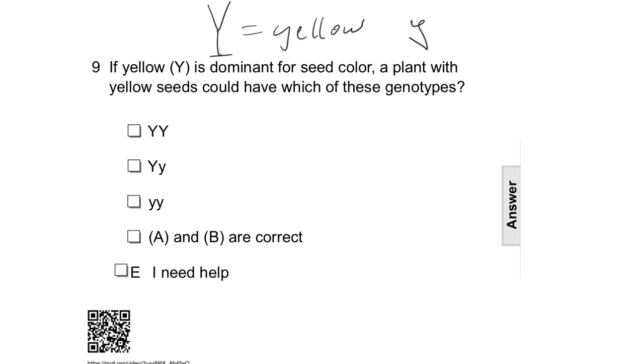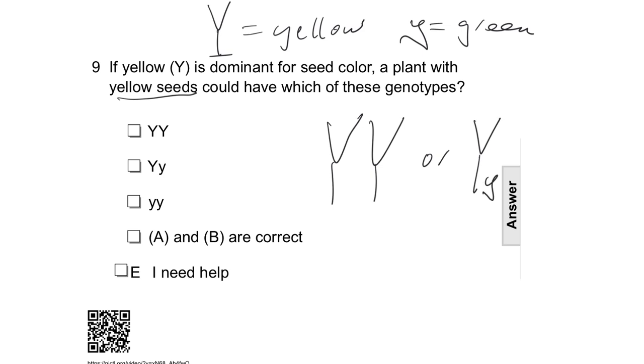I guess little y would be green if we're talking about pea plants. A plant with yellow seeds could have which of these genotypes? Well, like I just said, all you have to do is have one big Y in your genotype. So it could be big Y, big Y, or big Y, little y. You'd have to do a test cross like we just talked about to figure out which one it is.